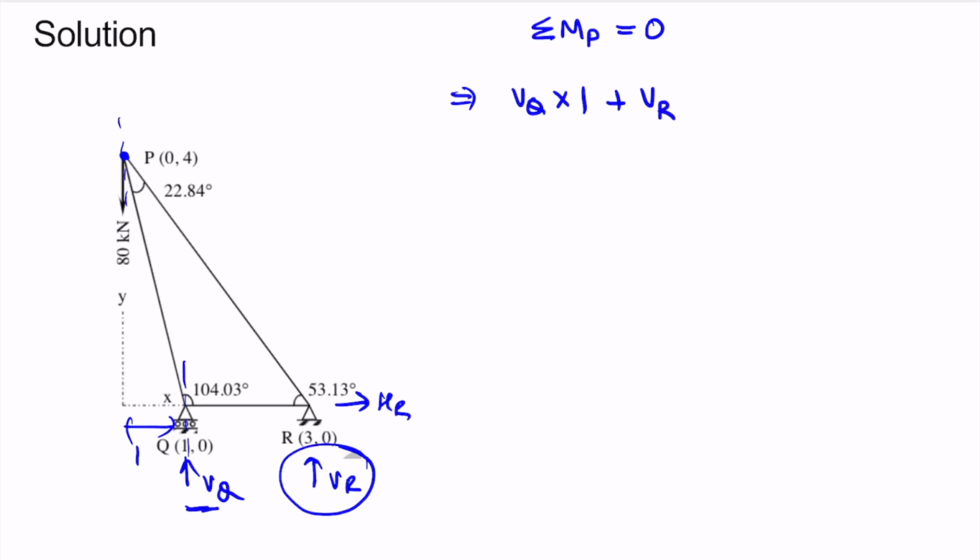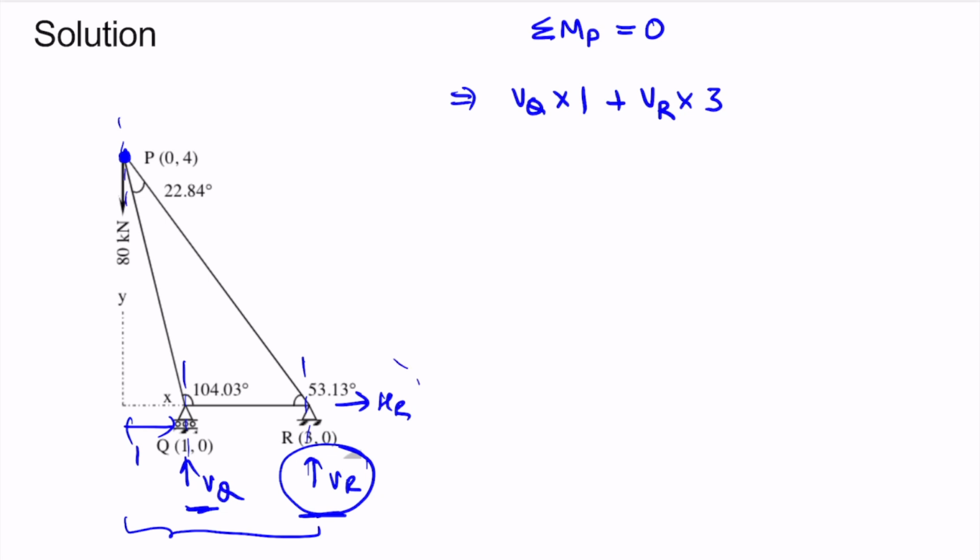Both VQ and VR forces are trying to rotate this about this point in anti-clockwise direction. So we have taken the same sign for that. If you want to take anti-clockwise to be positive, we can do that also. Multiplied by the distance between point P and line of action of this force VR, and this entire distance is 3.